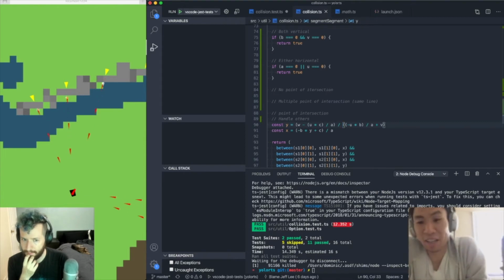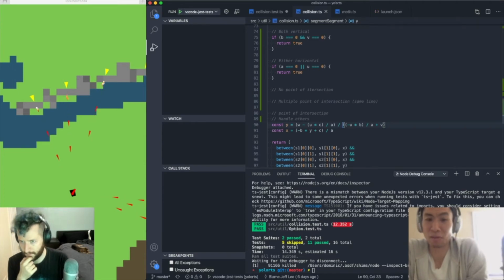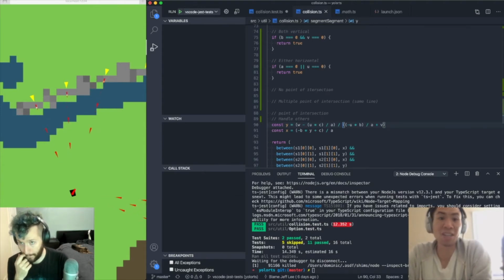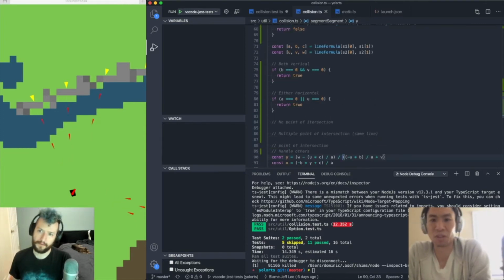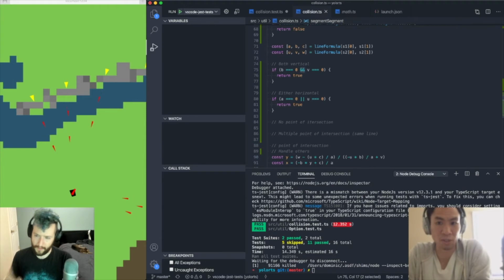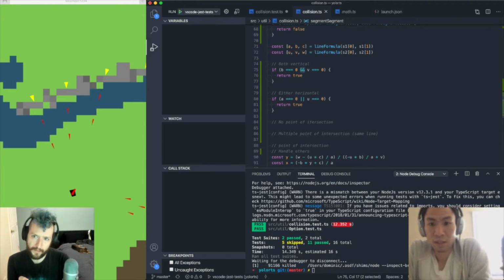I totally agree with the bounding box check. If there's a bounding box overlap and we've reduced either of the two segments down to a vertical or horizontal, then you know you have an overlap. That's basically what we're saying here. So we could eliminate this by using or.